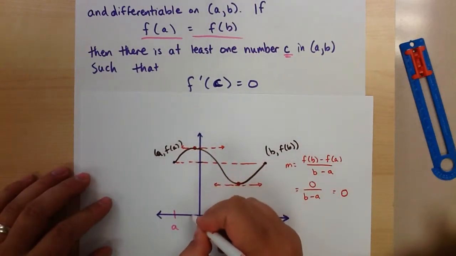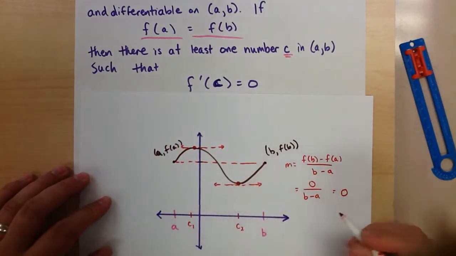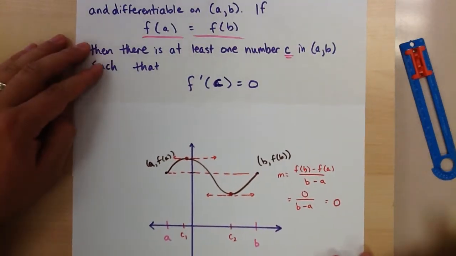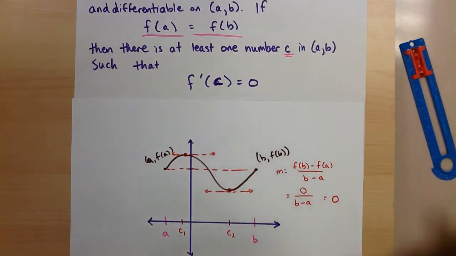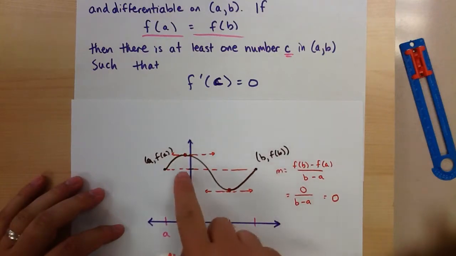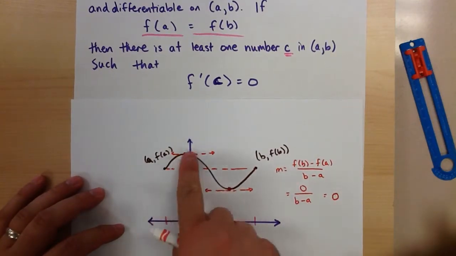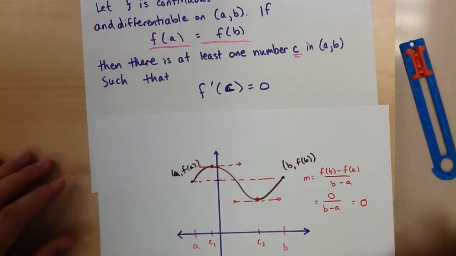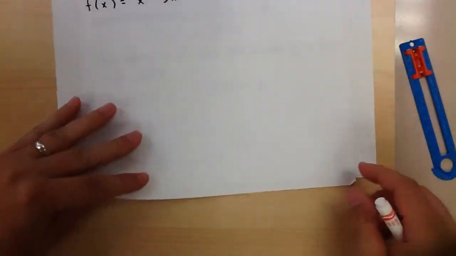And so we would call this one c1 and this one c2. You're guaranteed at least one c value, not only one c value. So once again, we're looking for slopes or derivatives that can be equal to 0 somewhere between those two points.